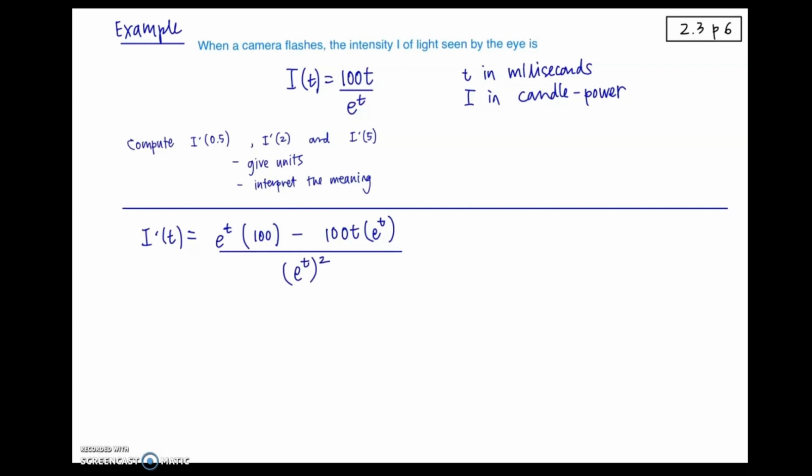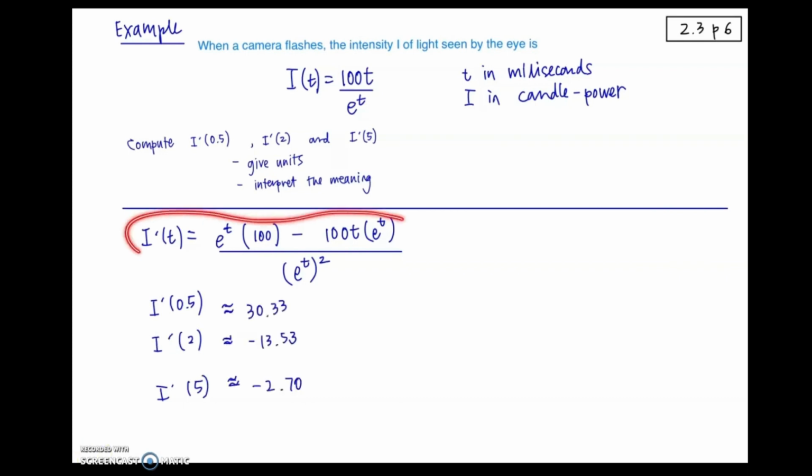So this is definitely the derivative of our function here, and we're going to plug in some values to find each of these, and we'll let our calculator do most of this work, but we're going to find I prime of 0.5, I prime of 2, and I prime of 5.